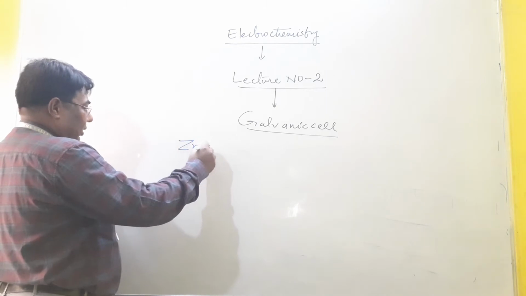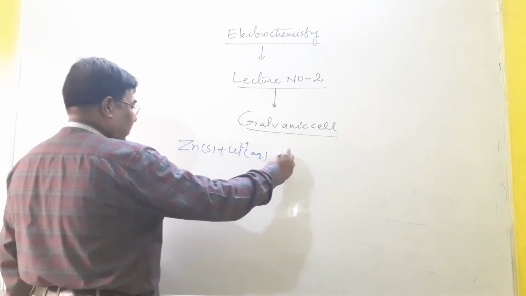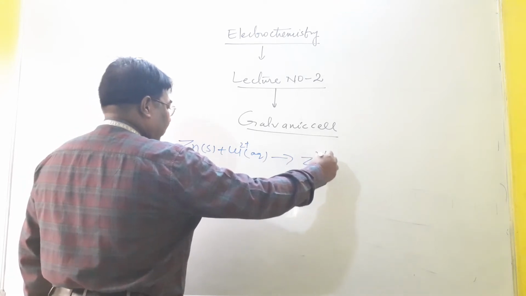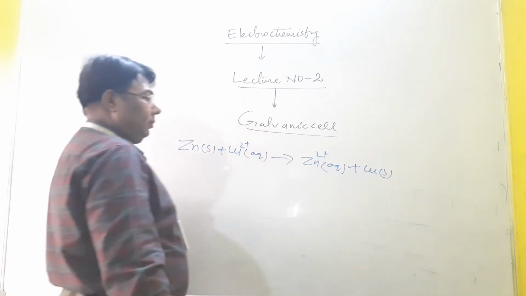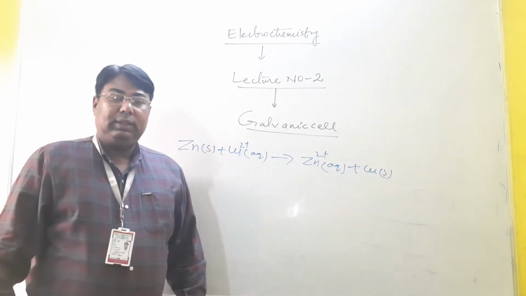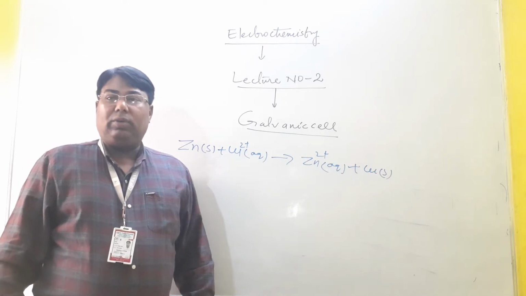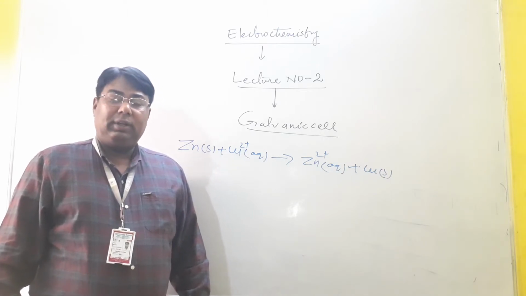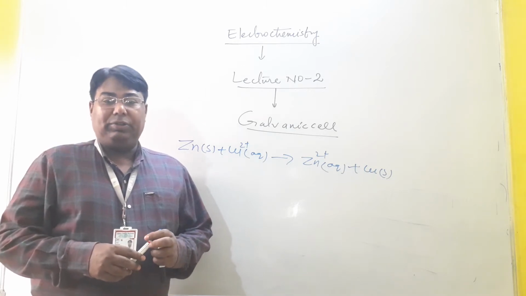Zn(s) + Cu²⁺(aq) → Zn²⁺(aq) + Cu(s), into electrical energy and has a potential of 1.1 volt when the concentration of Zn²⁺ ions and Cu²⁺ ions is taken to unity.